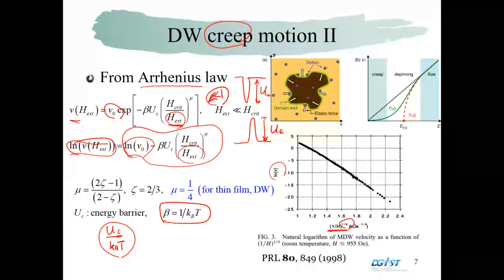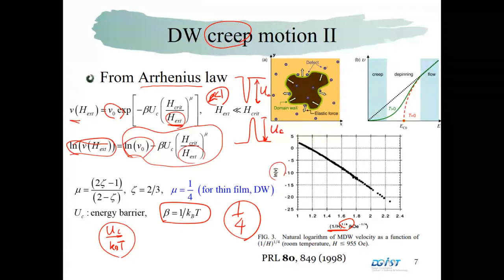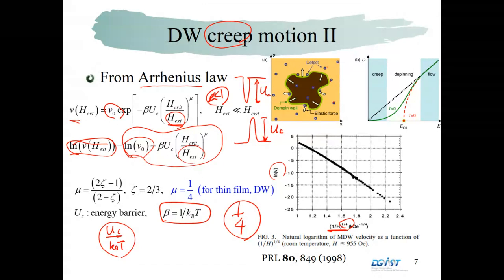That number, 1 quarter, comes from statistical physics and the dimension of the problem. For example, the exponent mu is given by this relation here, and this zeta number comes from the dimension of your problem.